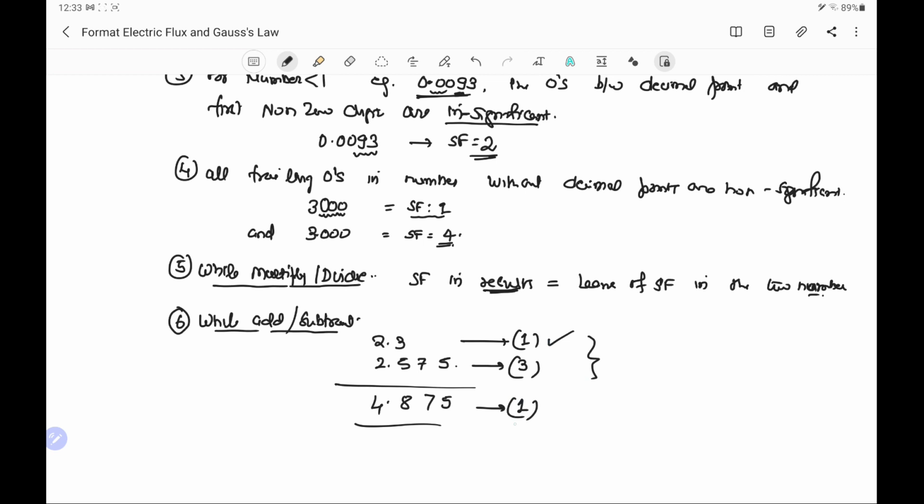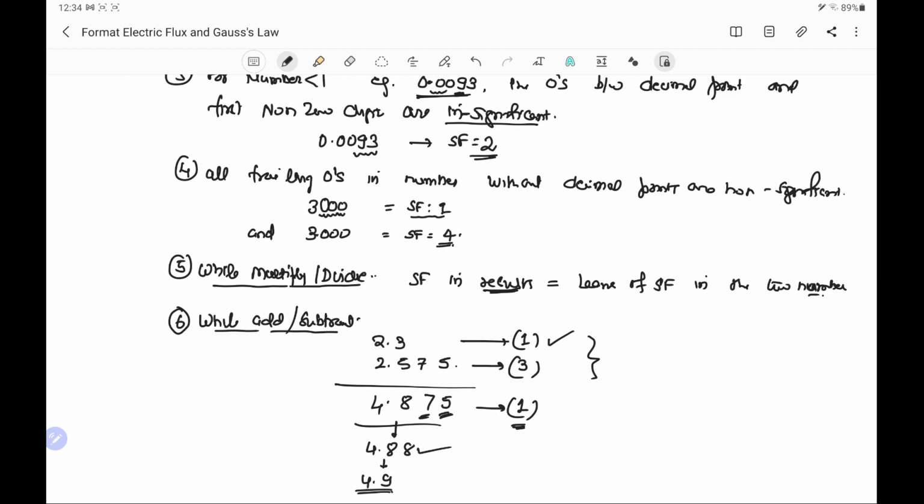To maintain the one decimal place in the result, we have to use the round off of the digits. Here this 5 we have to remove, and for that we round off, and after removing 5, it will be 4.88. The rule of round off we will discuss next, and when we round off this 8, then this will give 4.9.